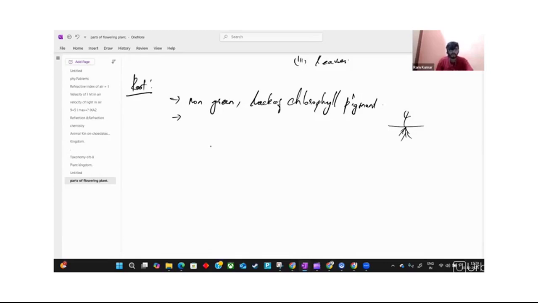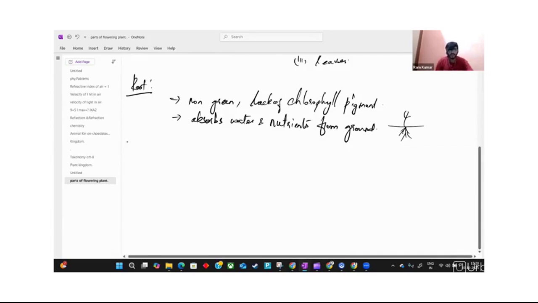The root is the main part which absorbs water and nutrients from the ground.